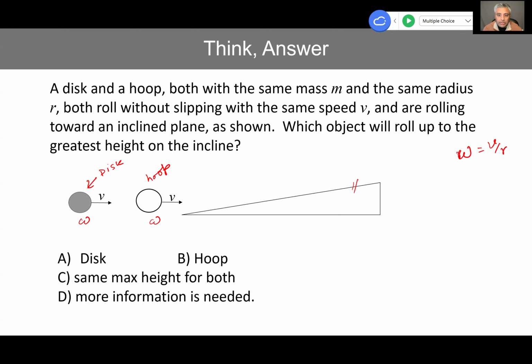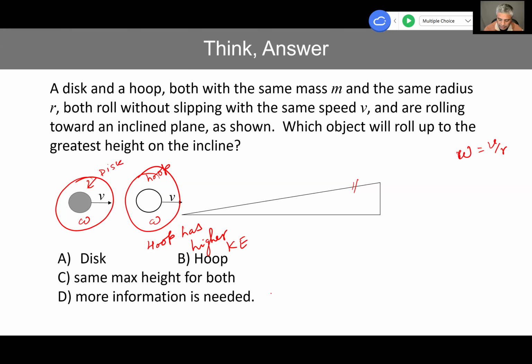So first I'll show you how to quickly answer this question. Both of them have kinetic energy, but hoop has higher kinetic energy. Why?